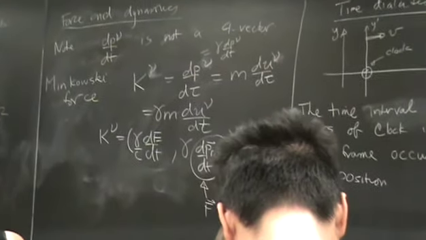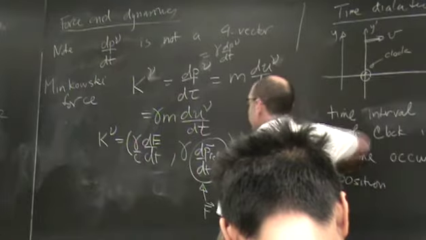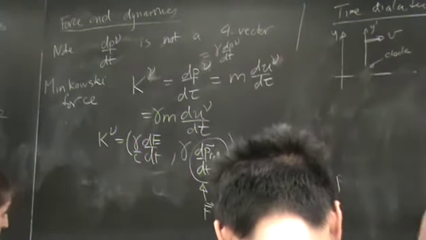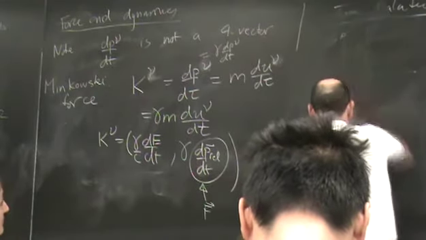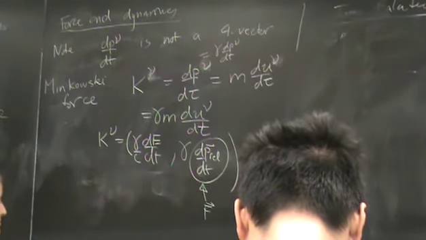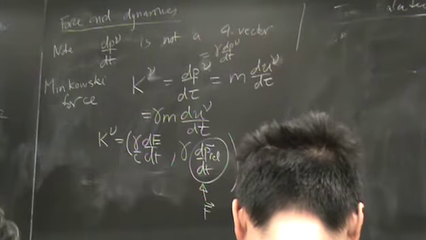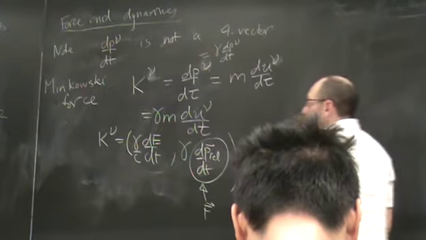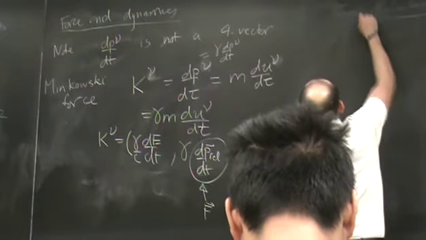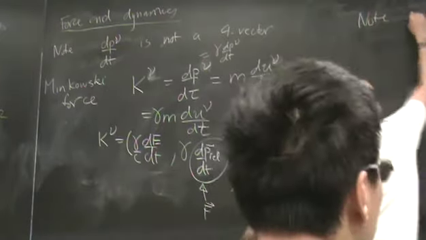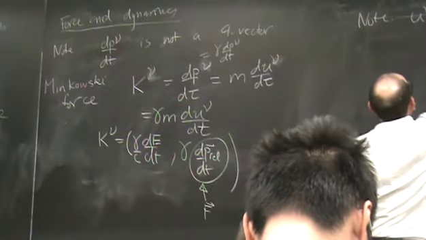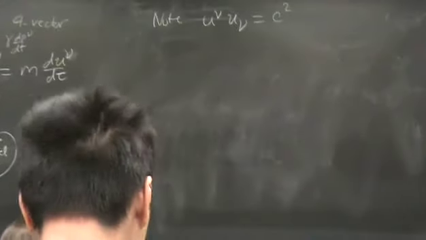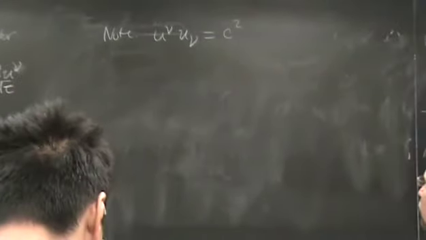So what does the zero component mean? Is that power? It's related to that, so let's take a look at that. So note, we said that the norm squared of the four-velocity was a constant, c squared.